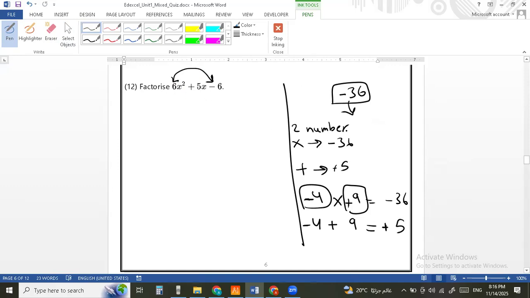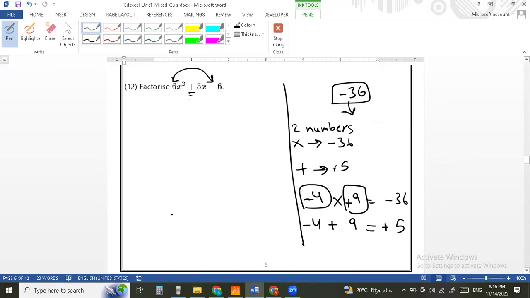Now you're supposed to look for two numbers. When you multiply them, they give you negative 36. When you add them, they give you positive 5. You're going to find that the two numbers are negative 4 and positive 9: negative 4 times positive 9 gives negative 36, and negative 4 plus 9 gives positive 5.